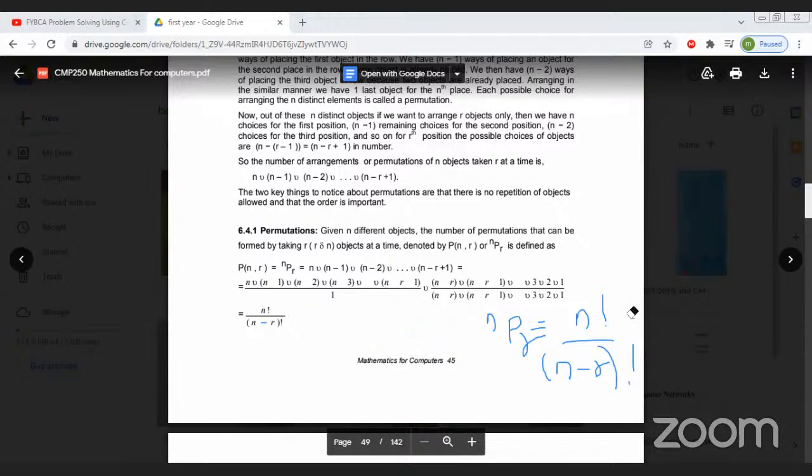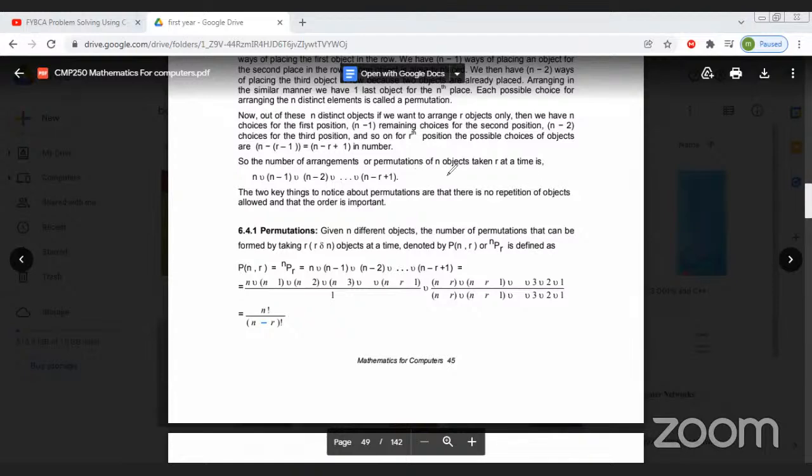Now, how do we get it? You're choosing nPr, correct? So nPr means n into n minus 1, till where do we go? Till n minus r plus 1. See, the plus 1 is always there at the last moment.